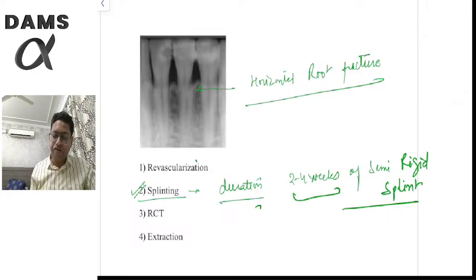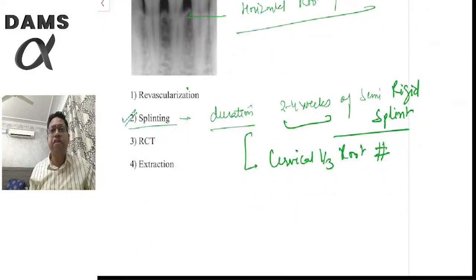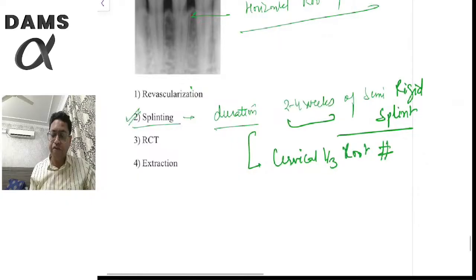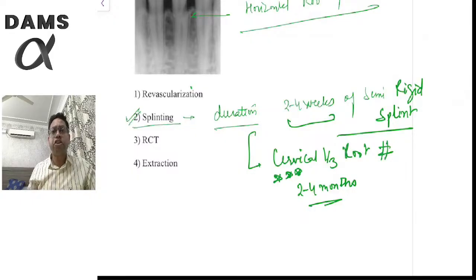The exception would be cervical 1/3 root fracture. When there is a cervical 1/3 horizontal root fracture, the duration of splinting would be 2 to 4 months. This is an exception that you have to remember, because cervical horizontal root fractures have the worst prognosis.